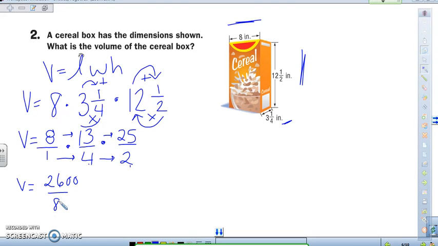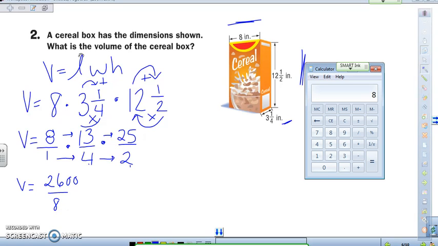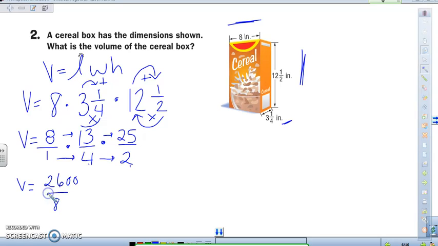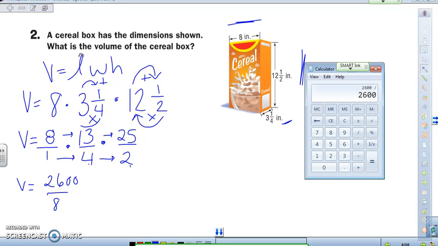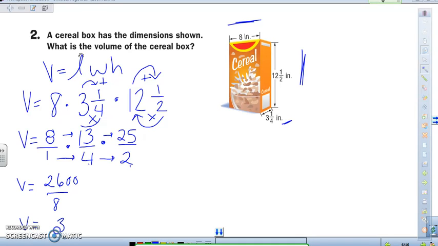Now I'm going to divide to see how many times 8 can go into 2,600. You can guess and check, but that might take a little while. So I'm going to take 2,600, divide it by 8. Oh, perfect. Equals 325 inches cubed. If it works out perfectly, that is great.